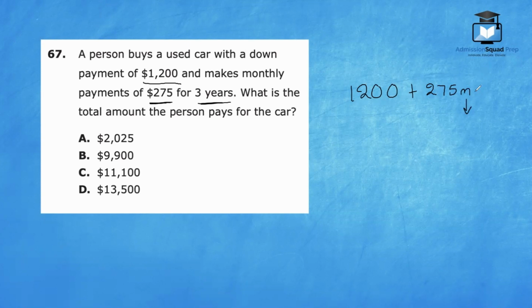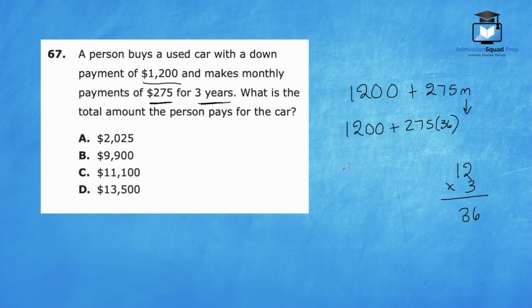So we need to identify how many months there are in 3 years. So that will be 12 times 3, which is 36. So there are 36 payments of $275. So we have $1,200 plus $275 times 36. This will be the total amount that the person pays for the car.